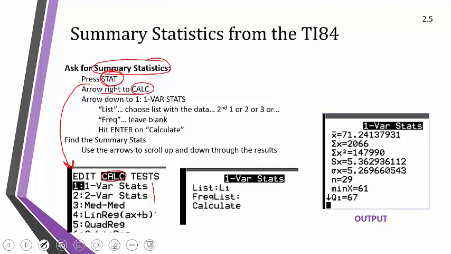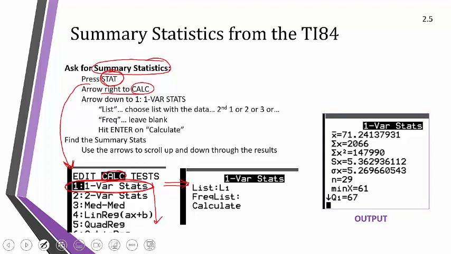And then what you see here is the calculate menu. There's a lot of stuff on here. The only thing that you're going to use is one var stats. When you hit enter on one var stats, it's going to pull up a screen that looks like the next one here in the middle of the slide. The title is one var stats, and it's asking you for two things.